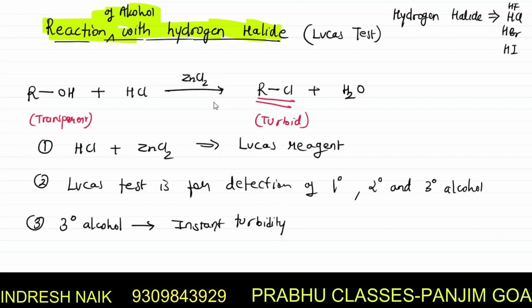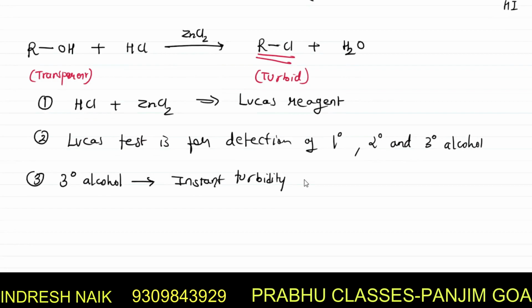If it is a secondary alcohol, turbidity will take place after 5 minutes. Turbidity tells about the formation of this product.